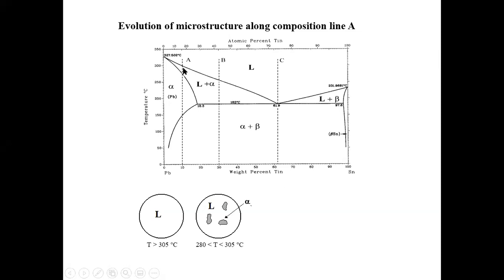So now what if I further cool the system into this alpha region? It will be alpha phase only without any liquid. But importantly, because we know this process is a nucleation and growth process, you're going to see a texture or polycrystalline microstructure associated with the solid alpha phase. That makes sense, everyone? So now, what is the composition of this alpha phase?